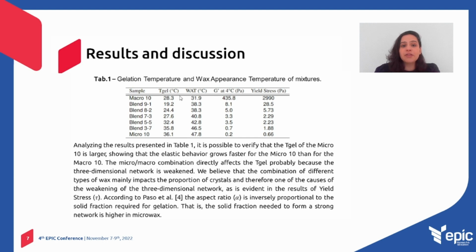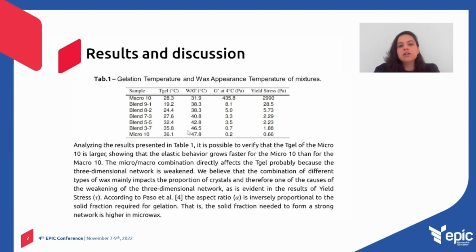The same idea applies to the wax appearance temperature: the micro has higher molecular weight, so the crystals appear at higher temperature. But the difference between the wax appearance temperature and the gelation temperature is higher in the micro than in the macro.